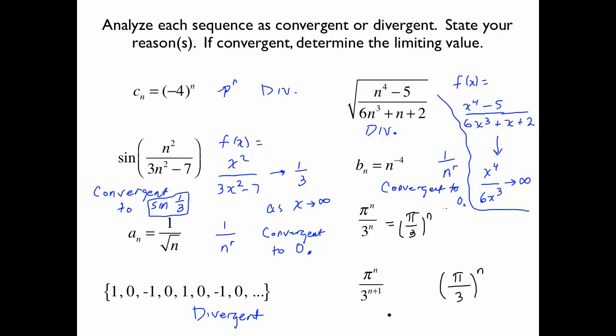What does 3 to the n plus 1 mean versus 3 to the n? It means multiply by 3 one more time, right? One more time. So how do I need to change this to make it equal? So exponents, the number of times you multiply that number together. So this is 3 multiplied together n times. But what do I have?